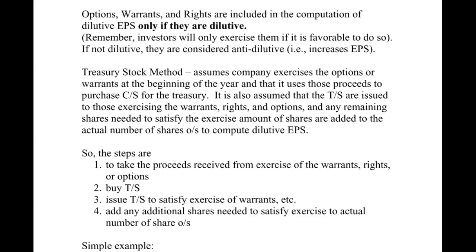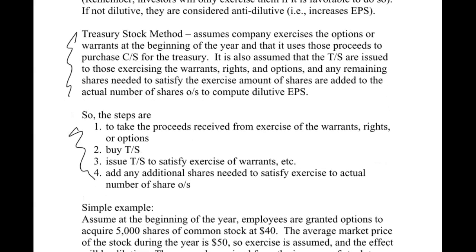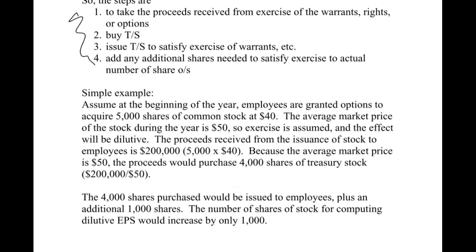That means they're going to have to issue a few more shares to satisfy the option or warrant holders. I know that's a little bit wordy, and basically the two statements say the exact same thing. Once we put numbers to it, I think you'll be okay with it. So let's look at this example down here.